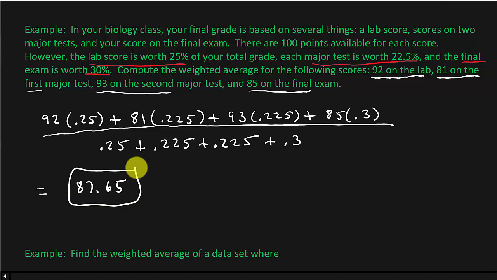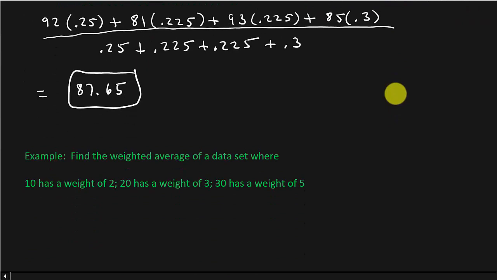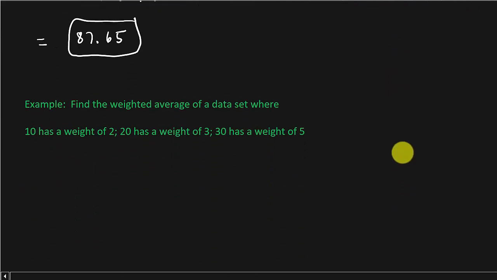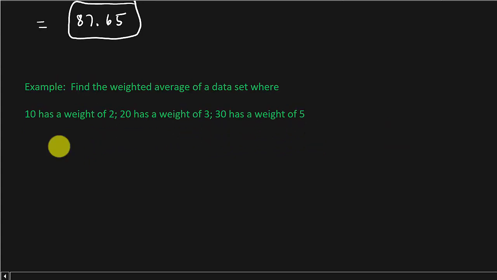All right. Now, what about this one? Find the weighted average of a data set where 10 has a weight of 2, 20 has a weight of 3, and 30 has a weight of 5. And notice the weights, they're not percentages. So this is going to be 10 has a weight of 2, plus 20 has a weight of 3, plus 30 has a weight of 5.